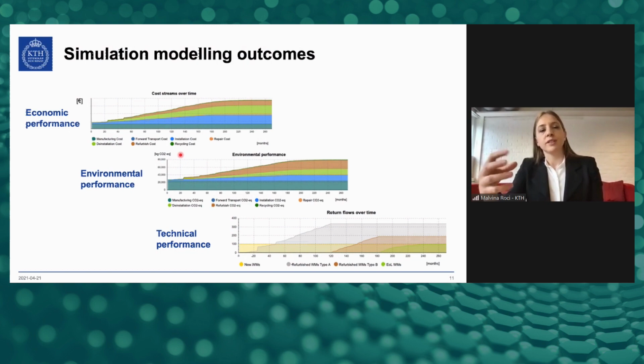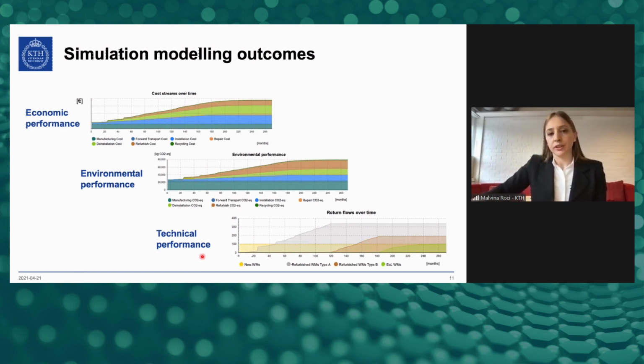So these kind of tools actually allow you to highlight hotspots for improvements. And in terms of technical performance, for example, it would be interesting to see or to evaluate or forecast quality, quantity, and timing of return flows. Because once you know when your product will be back and at which time and in which quantities, then it will be easier to plan the circular business models and implementing them.